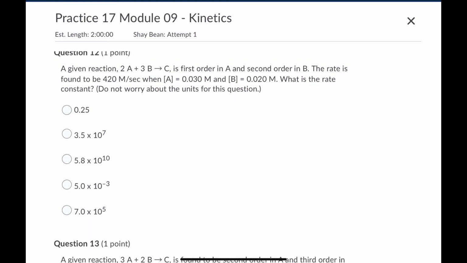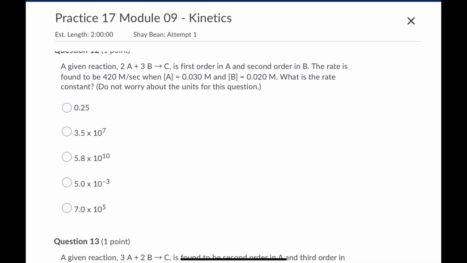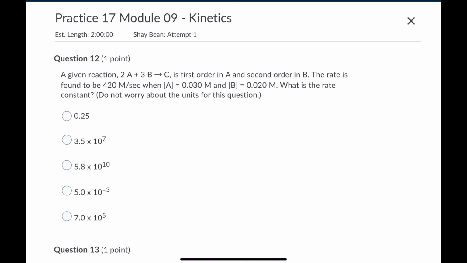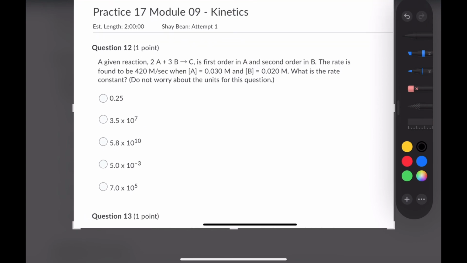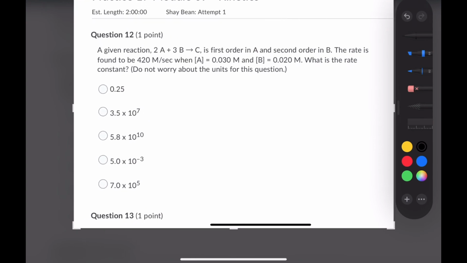All right. Similar kinds of question. I've got a reaction. I'm told the orders of that reaction. I'm told a rate at certain concentrations. I want to know what the rate constant is. Very similar to what we just did in the sense that I can write a rate law.